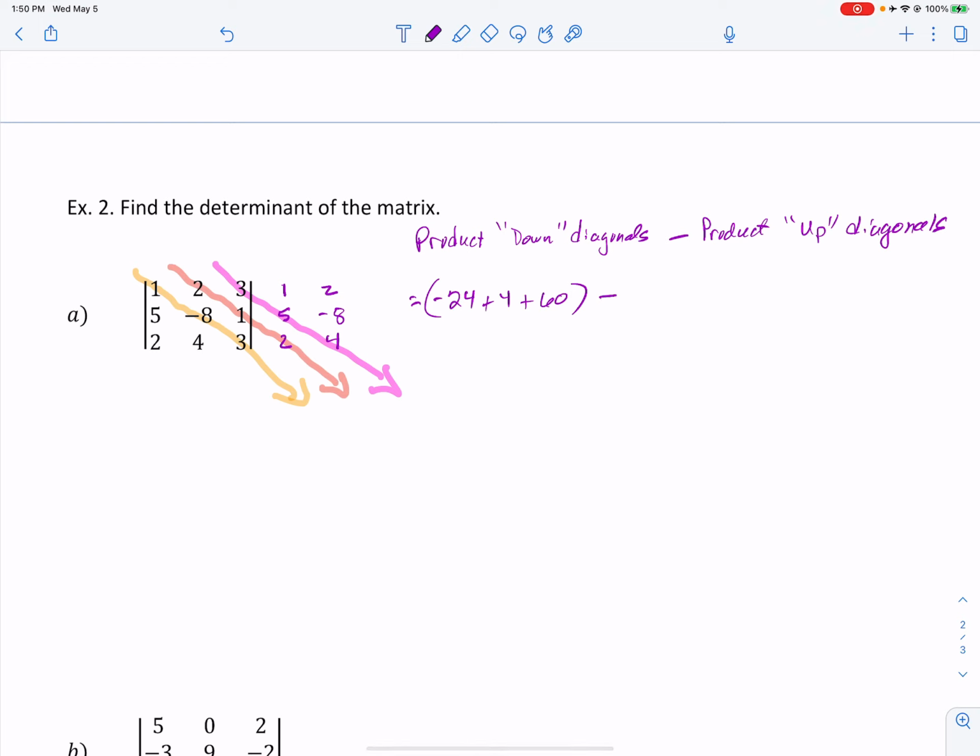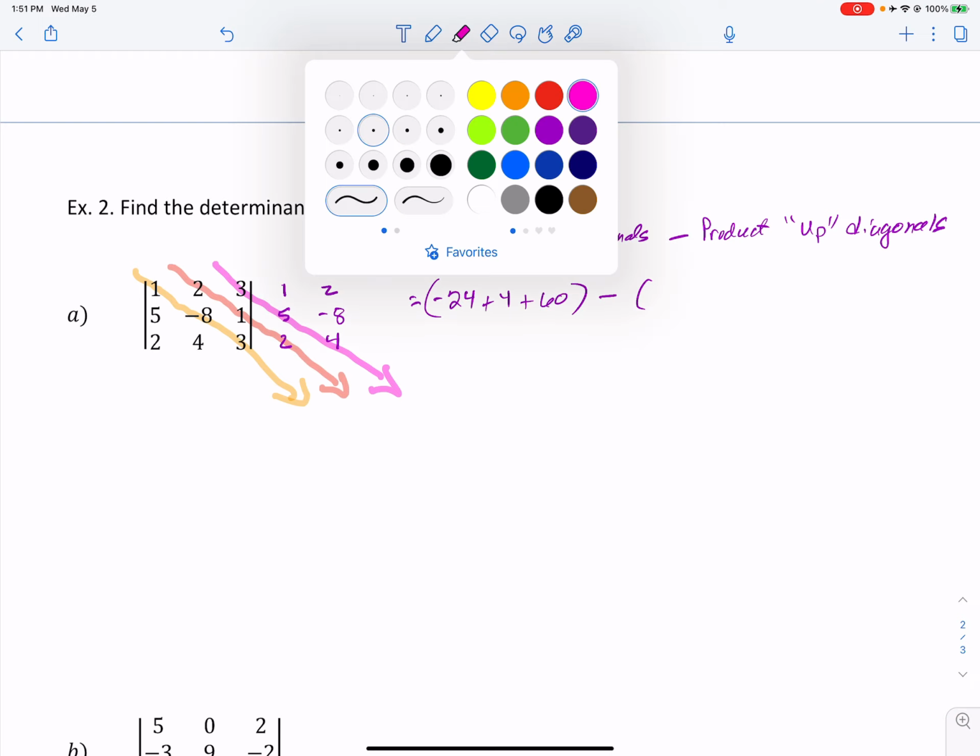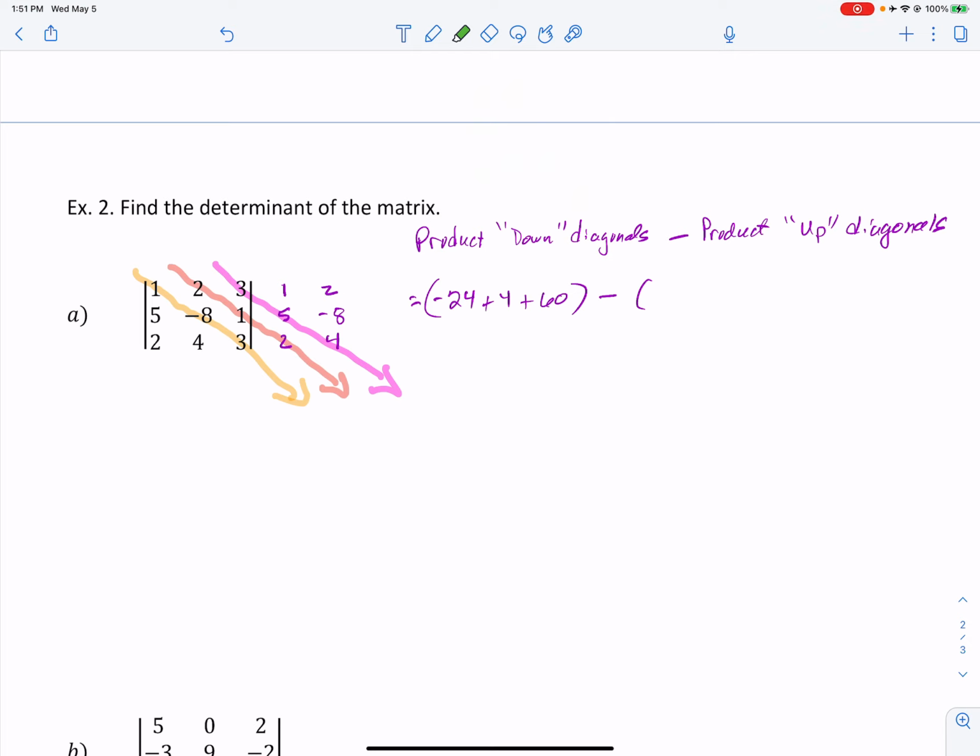Then from that, we are going to subtract the product of the up diagonals. And so for the up diagonals, we are going to start at the bottom left corner and go diagonally up and take 2 times -8 times 3, which is -48.